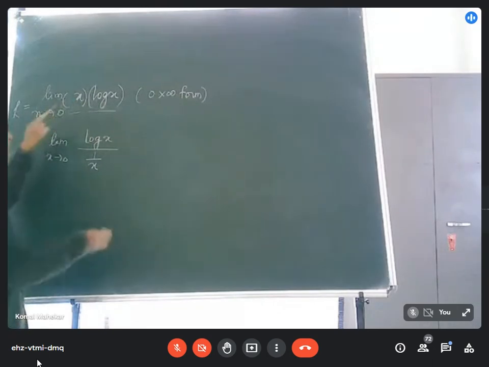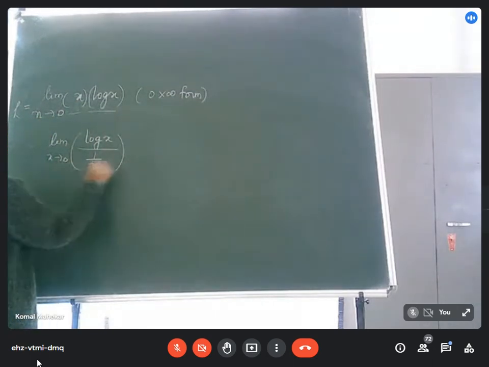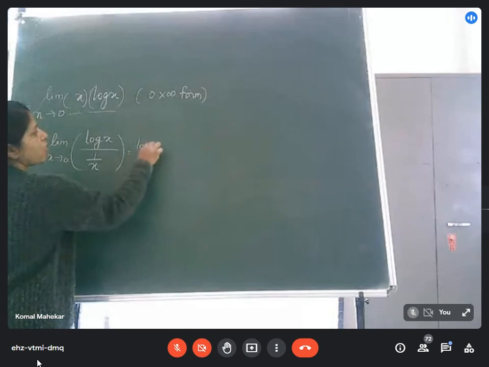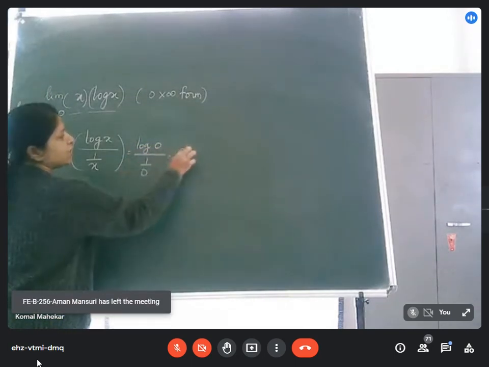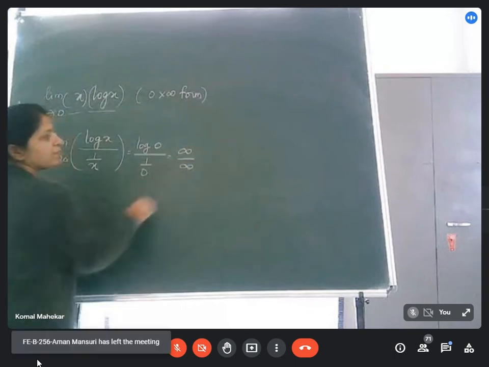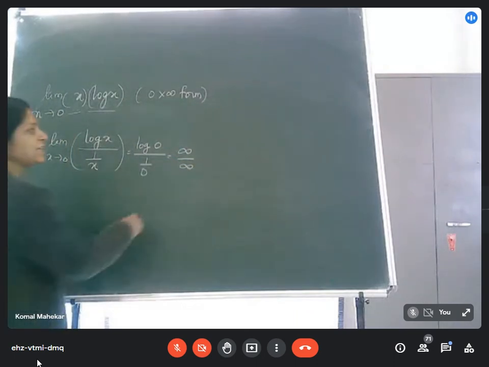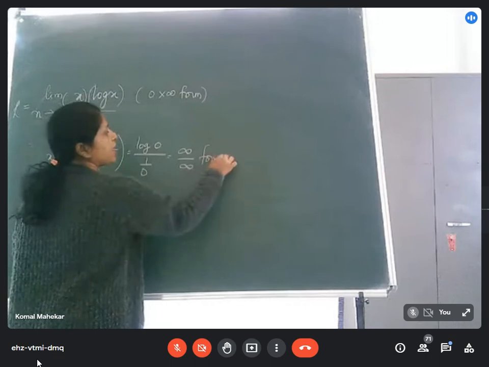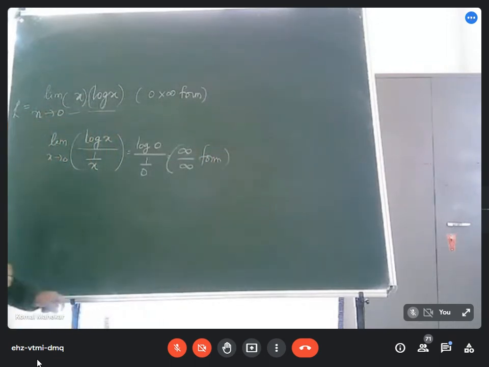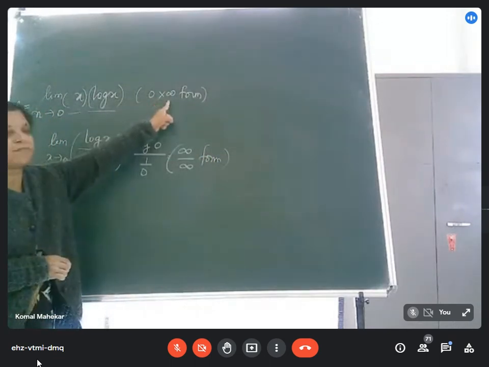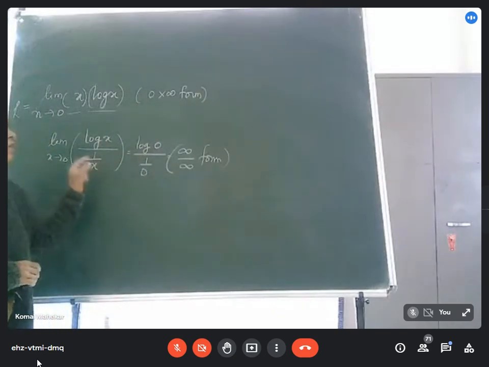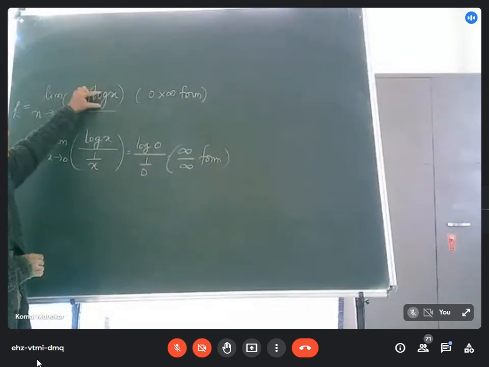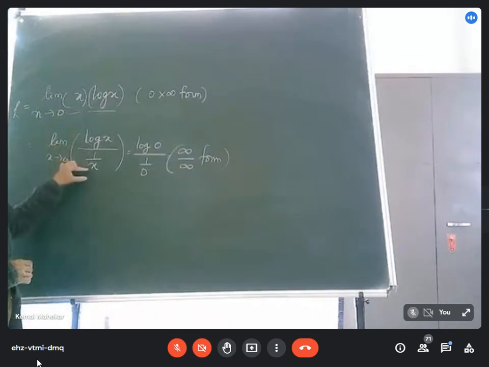When we apply here limit x tends to 0, what will happen? This will be log of 0 divided by 1 by 0. Now log of 0 is infinity and 1 by 0 is also infinity. So now it is converted into infinity by infinity form. 0 into infinity form cannot be solved directly by using L'Hospital rule, so we write f(x) into g(x) as f(x) upon 1 by g(x).